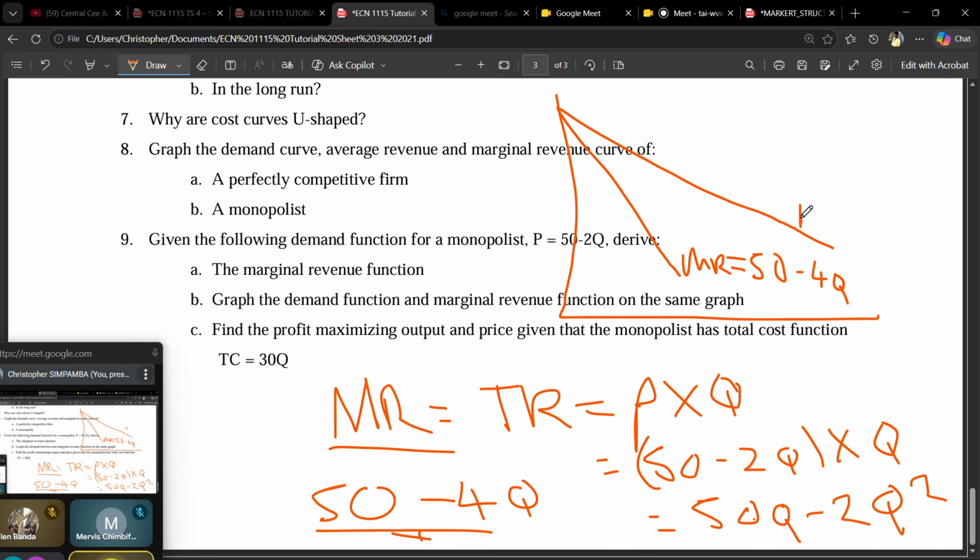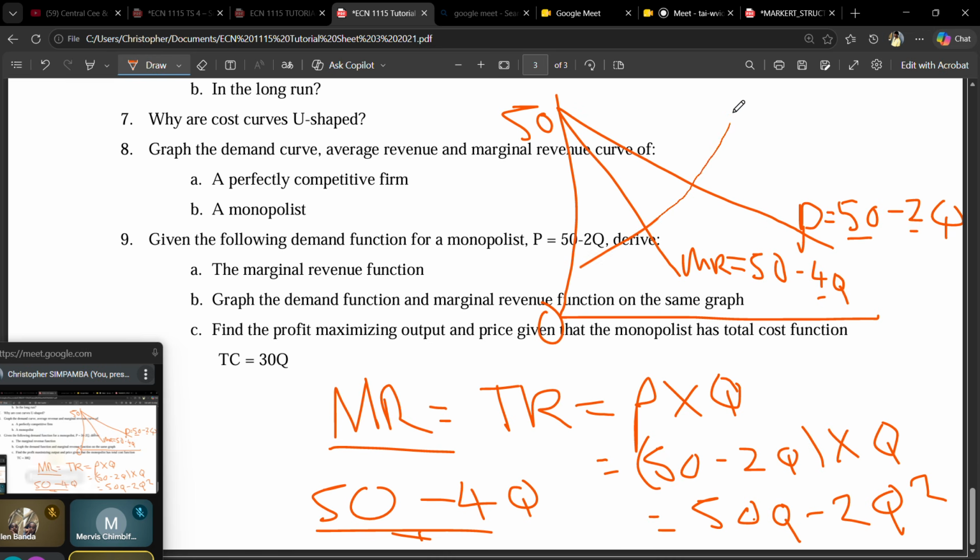Then our demand function is D, where price is equal to 50 minus 2Q. As you can see, this is 2 and this is 4, so the marginal revenue is twice as steep, 2 times 2. The intercept on the first part is 50, so I have 50 there on top.